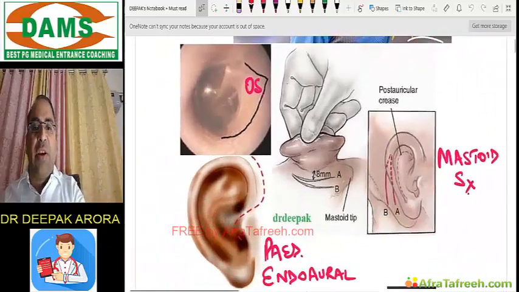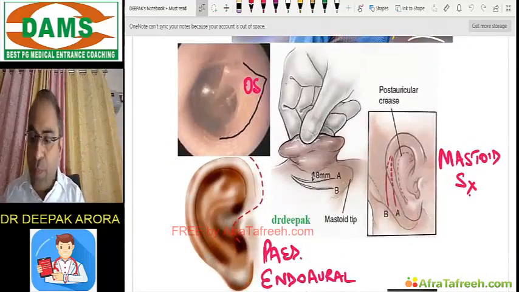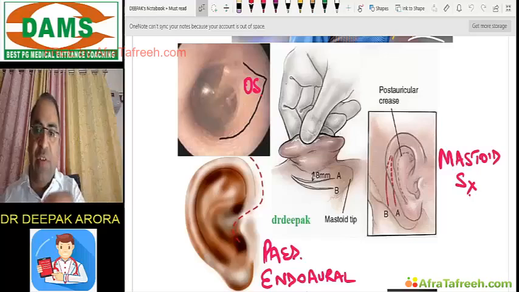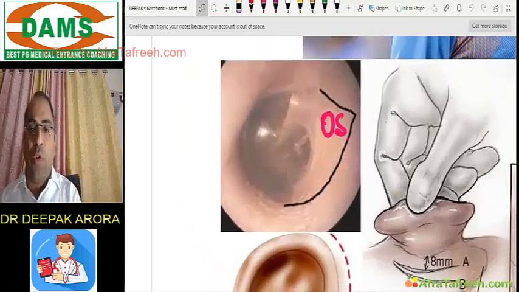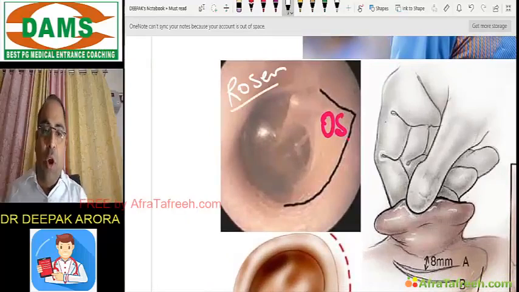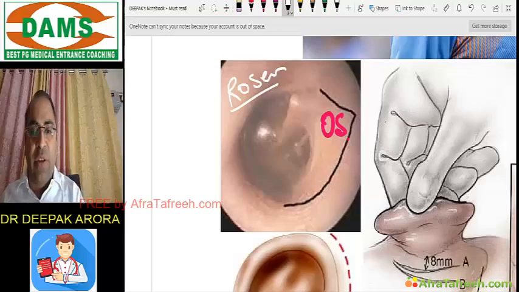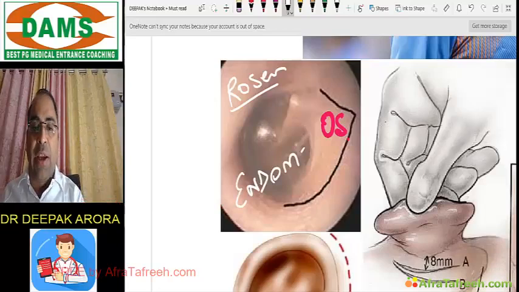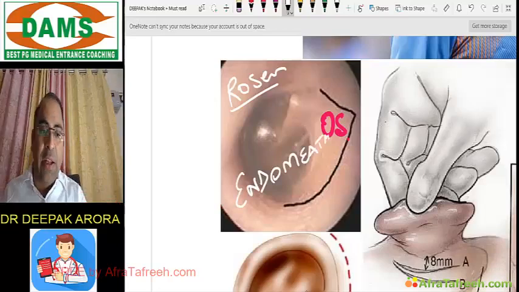So your NEET examiner can ask you an MCQ on incisions. Always remember the first incision which I am showing you is the Rosen incision, R-O-S-E-N, used for otosclerosis. This is known as the endomeatal incision.